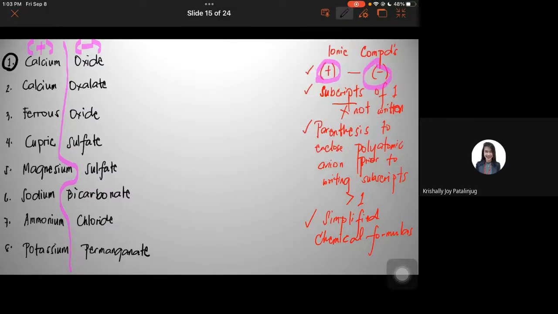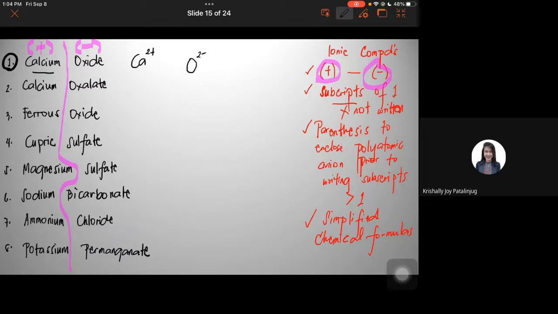Okay, so let's try to extract the ionic formula of the ions, cation and anion. For number 1, calcium's ionic formula is Ca2 plus. And then oxide, as an anion, carries a negative 2 charge.